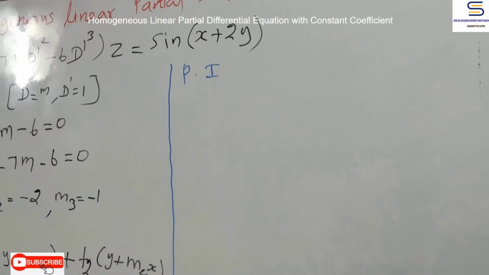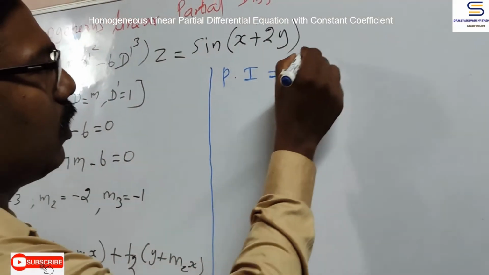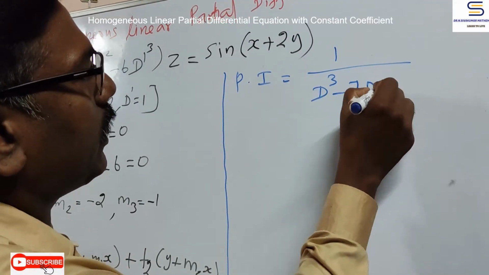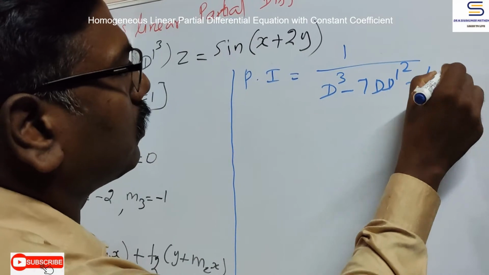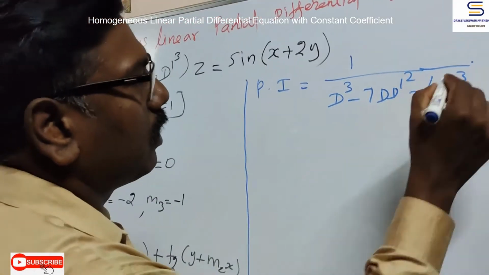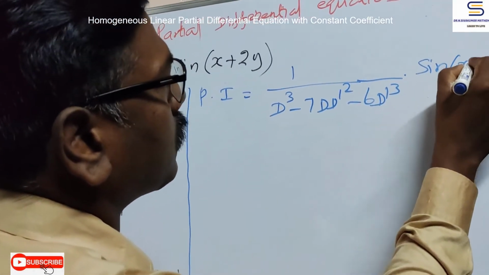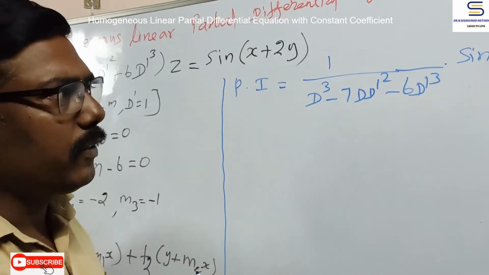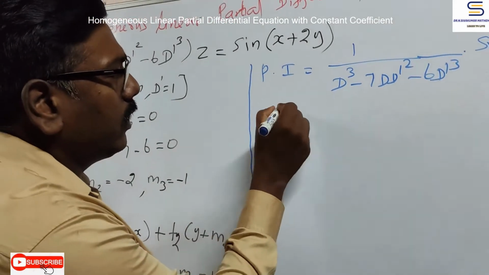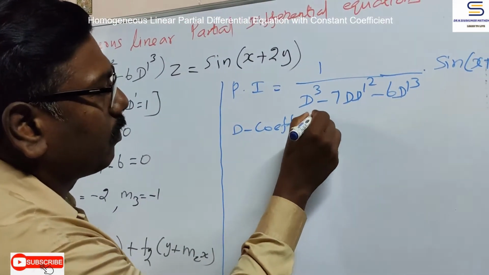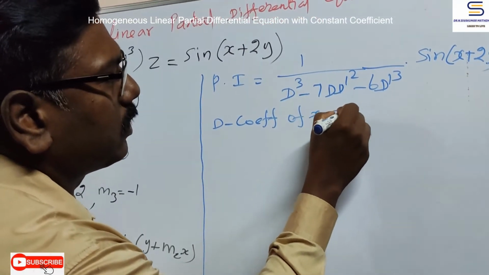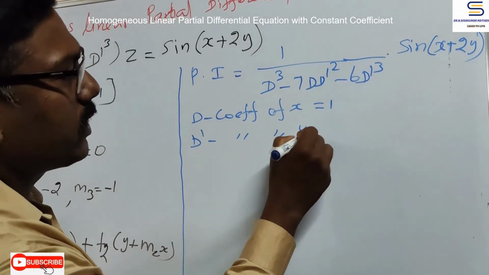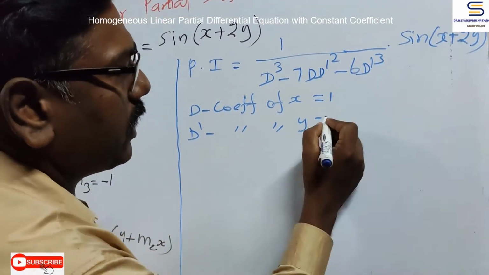PI is equal to 1 by (D³ − 7DD'² − 6D'³) of sin(x + 2y). So in the shortcut we have to use D as the coefficient of x, here the coefficient of x is 1, and D' as the coefficient of y, here the coefficient of y is 2.